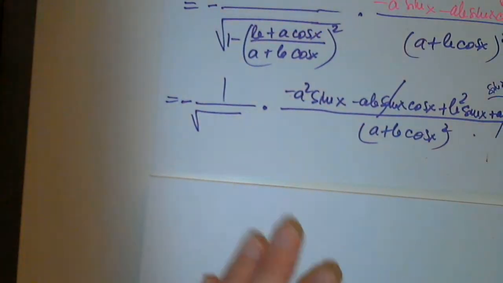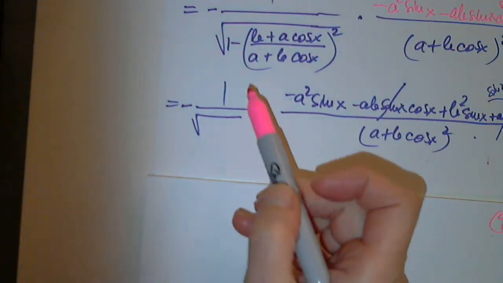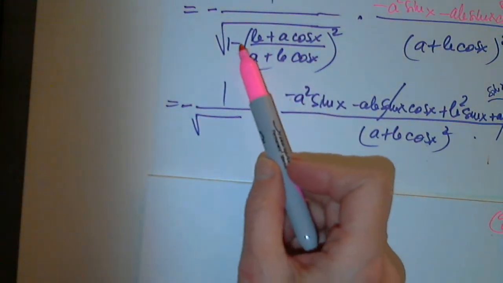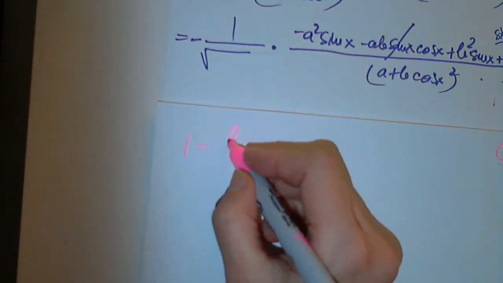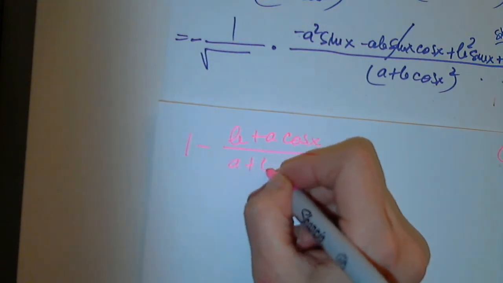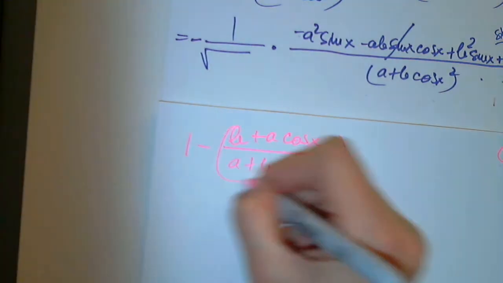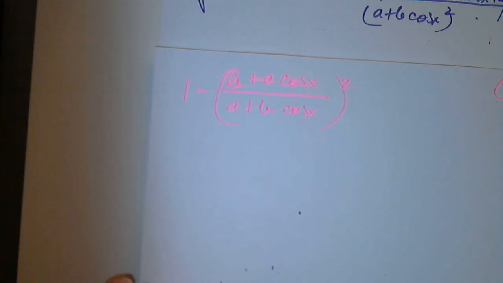Since we decided to simplify, I would have personally left it alone. I'm going to try and see what happens here under the square root. So 1 minus b plus a cosine x over a plus b cosine x. Since we chose this, now I'm curious to see if I can simplify the quantity under the square root.